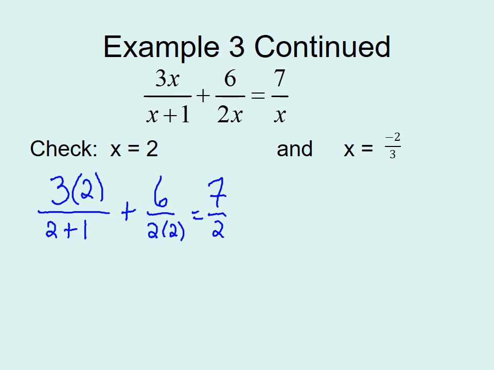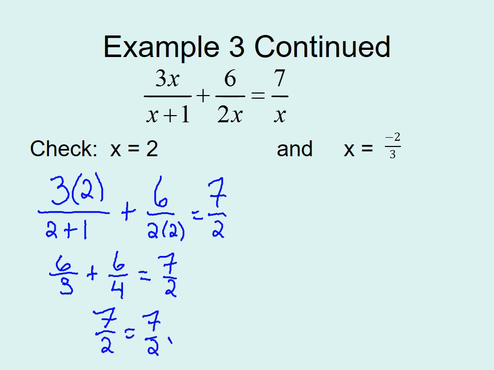On the top, I'm going to get 6 over 3 plus 6 over 4 equals 7 over 2. If I add 6 thirds plus 6 fourths, I'm going to get 7 over 2 equals 7 over 2. This one does work. 2 is a correct solution.